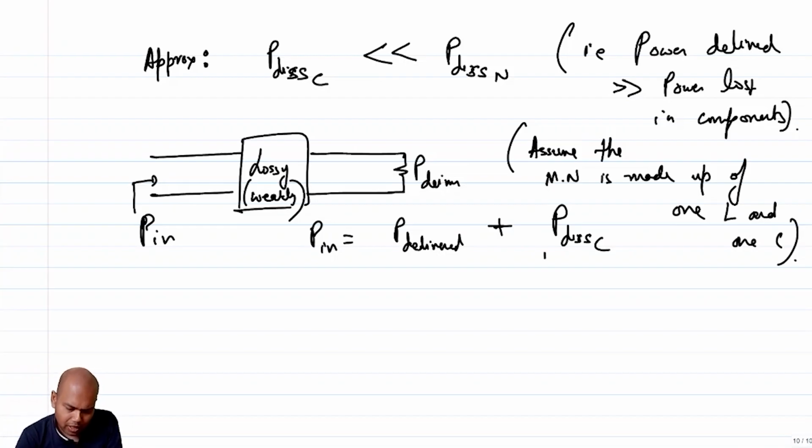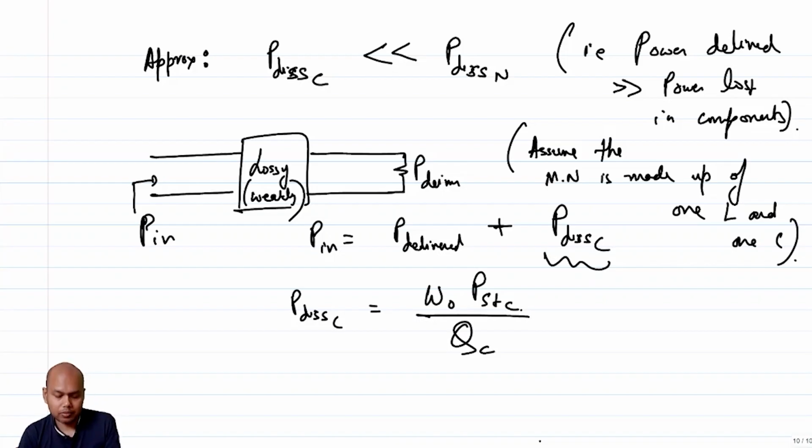So what is the power dissipated in the component? By definition, it is equal to omega naught times power stored in the component by Q of the component, right?